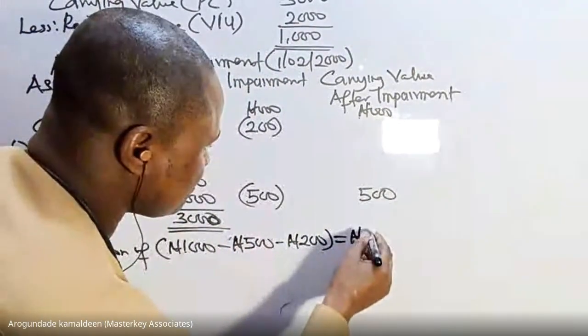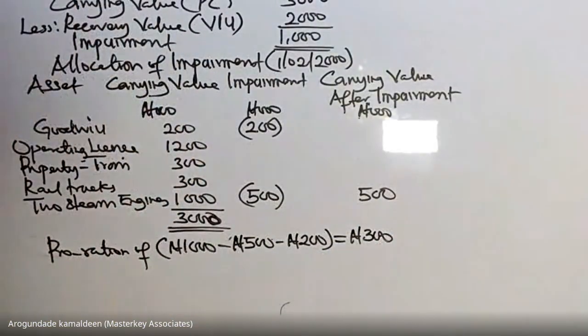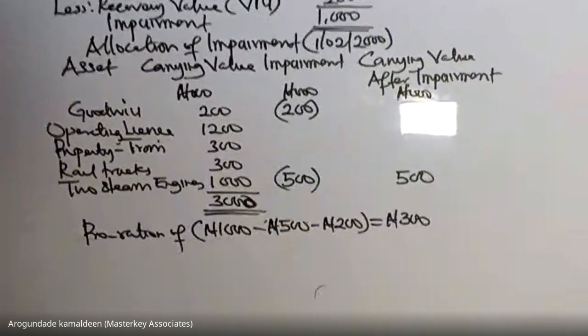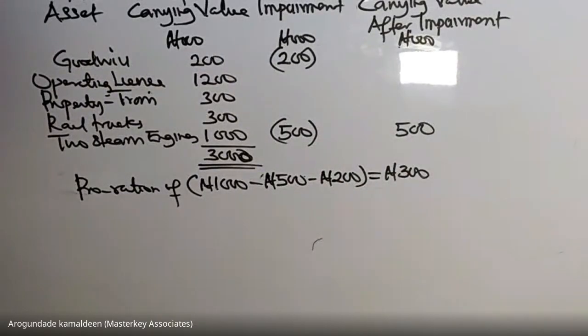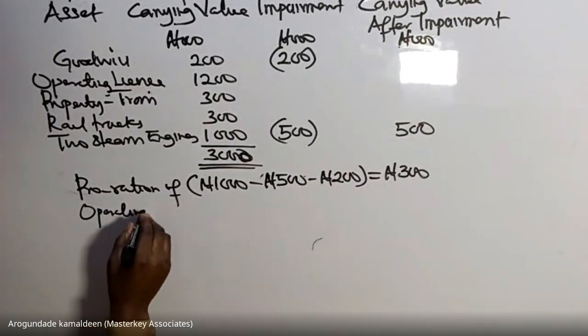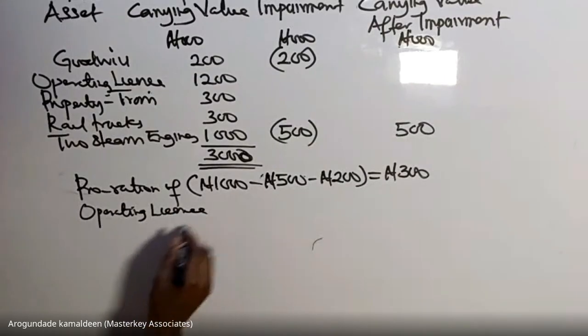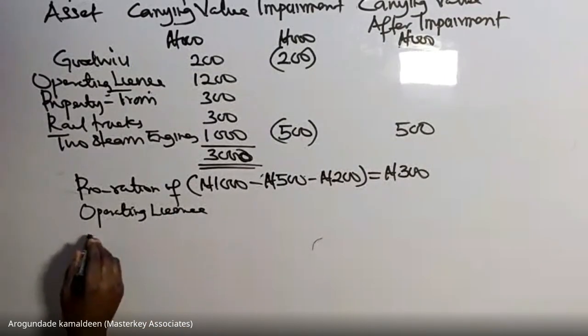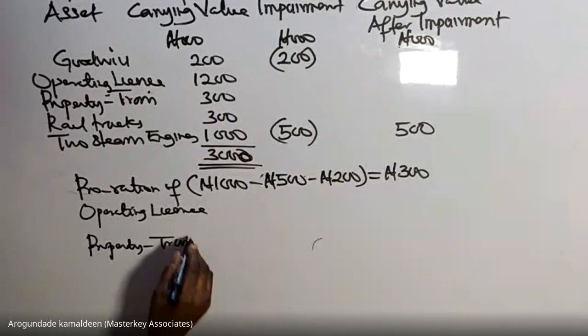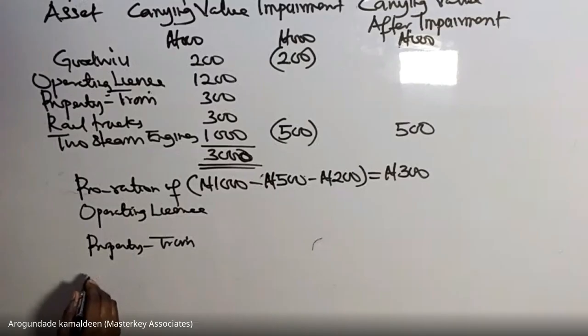You are having 300 left now, as unallocated impairment. So let's do that now. Proration: we have operating license, we have property, the train station, and you have the rail tracks.